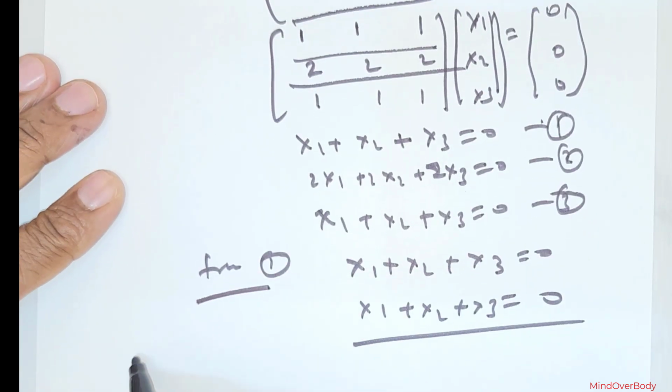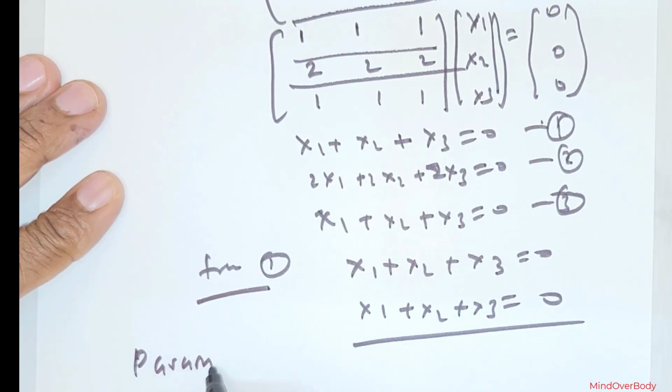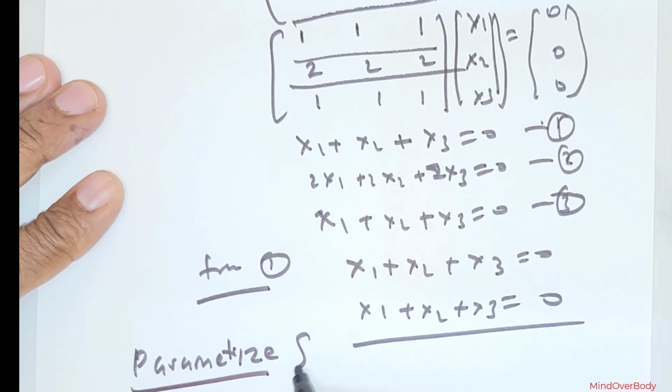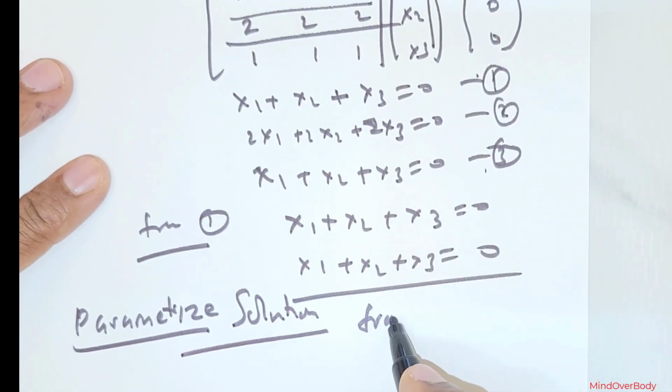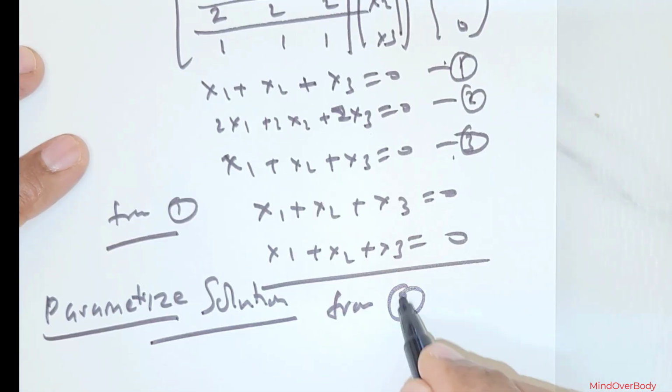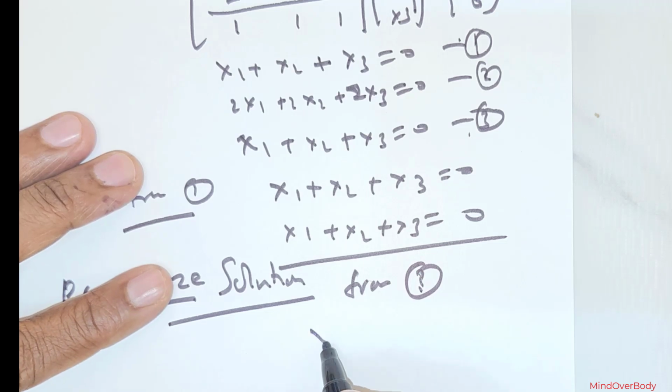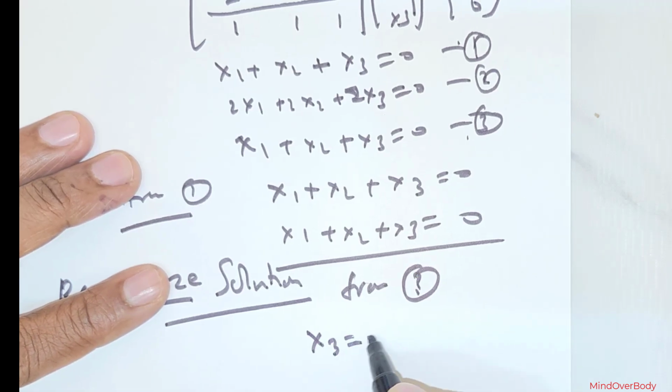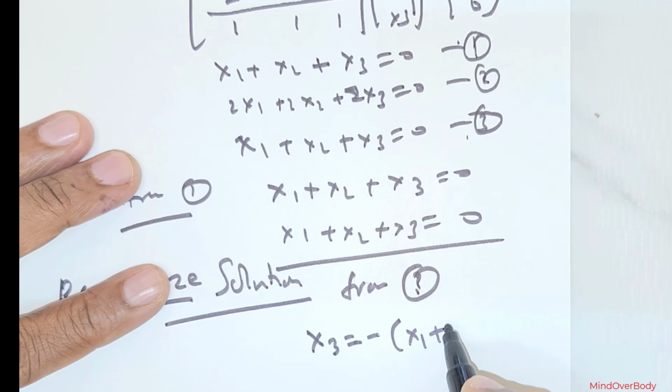Okay, what you have to do is the concept called parameterizing the solution. So what does that mean? That means you take equation 3. You see, from 3 I can rewrite x3 as negative of x1 plus x2.